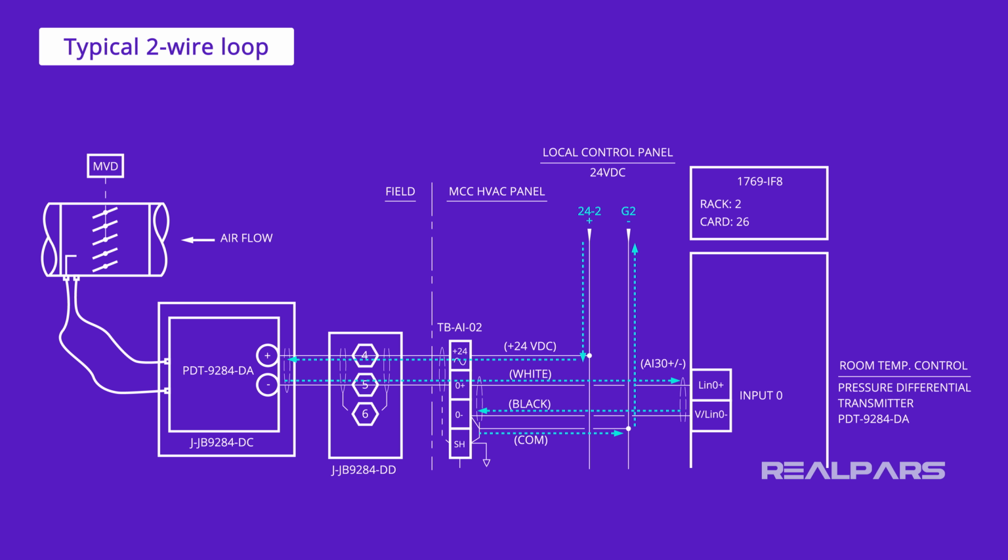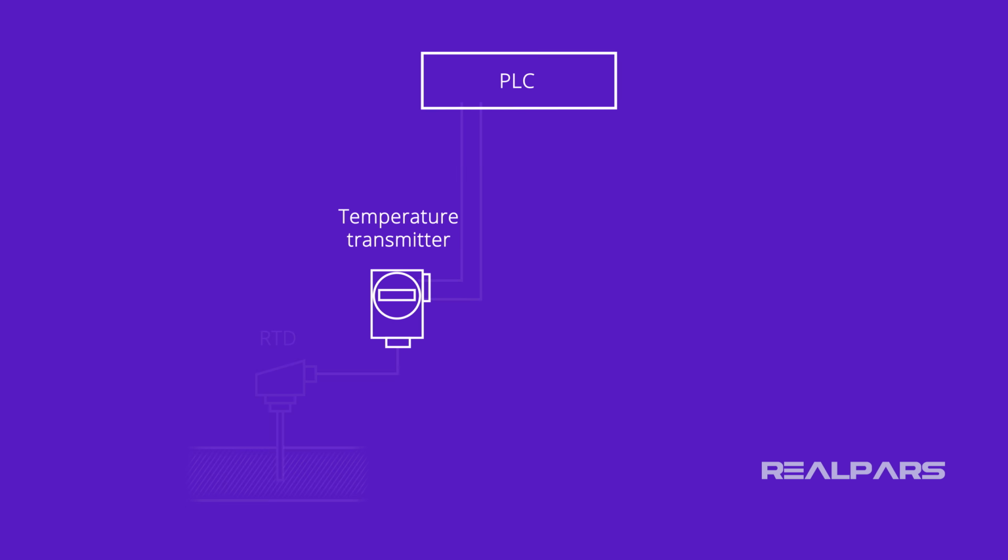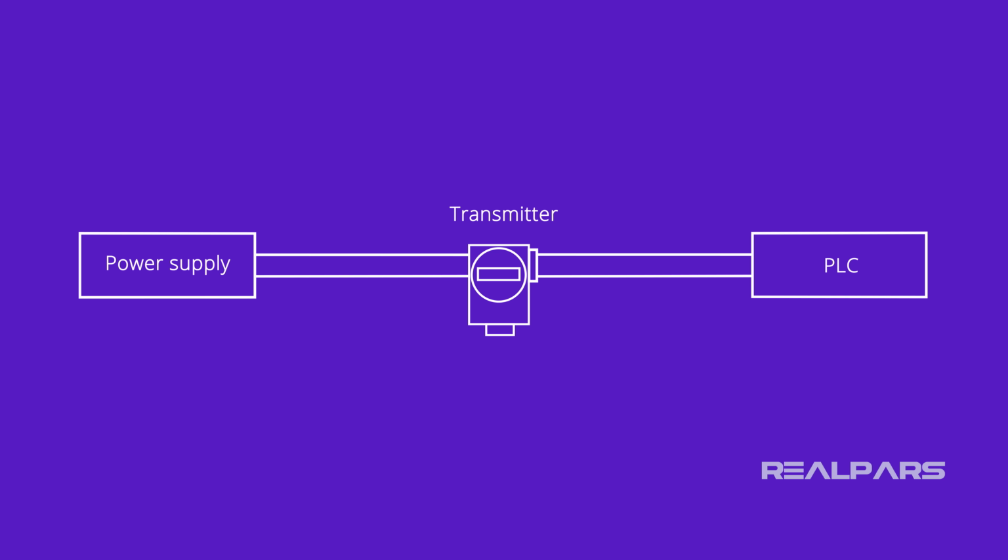Let's review what we've learned today. A transmitter is an instrument that converts the small signal from a sensor to a signal which represents the variable being measured. A transmitter analog output loop contains the transmitter, power supply, and the receiving device, such as a PLC.